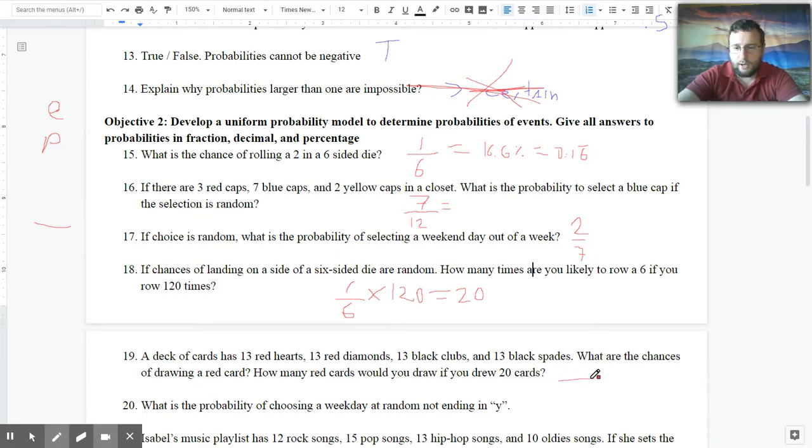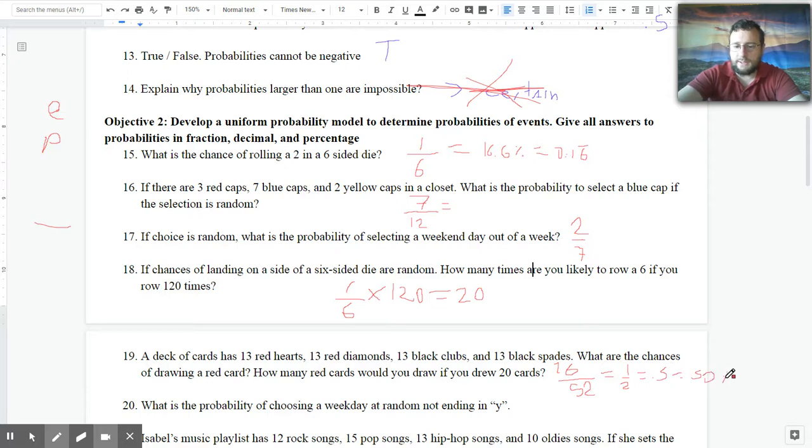So the total possible outcomes is 52 cards if you add them all up. And the red cards are going to be 26 of those, which is actually half the deck. So honestly, you didn't even need to do the math, because you should have known half the deck is red. So the chance is going to be half, which is, of course, the same thing as 0.5 or 50%.